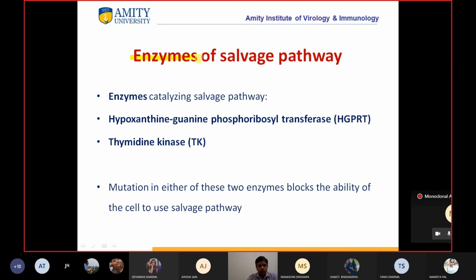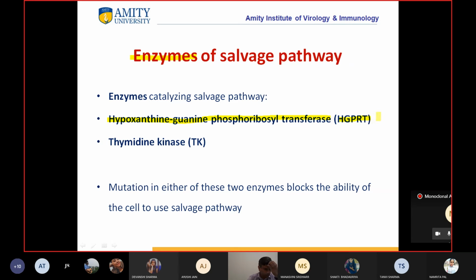In the salvage pathway, there are two very important enzymes. One of them is hypoxanthine guanine phosphoribosyl transferase, which is also simply called HGPRT.